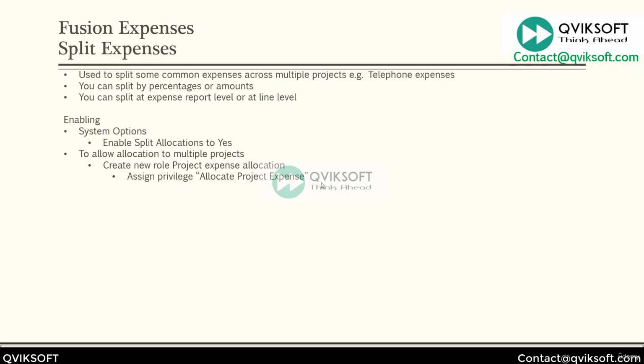But if you don't want to give it to everybody, you can create a custom role. It's just a skeleton role which you can create. I will show you that role shortly. You can create that role, assign the privilege allocate project expense, save the role, and then assign this role only to the users to whom you want to give that privilege. This was the project related part.